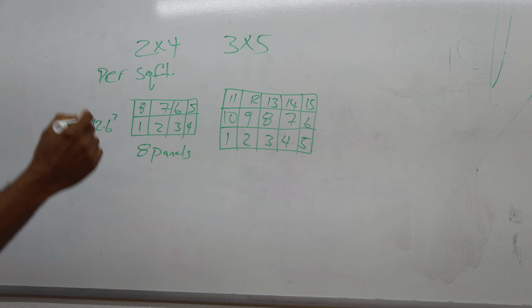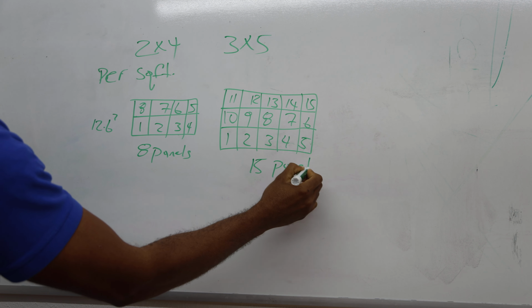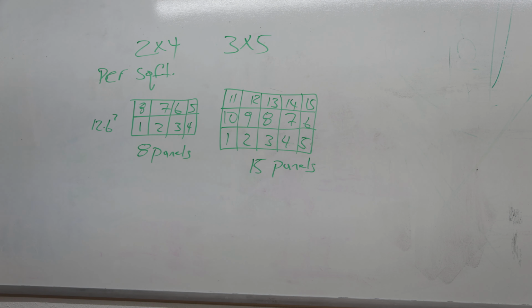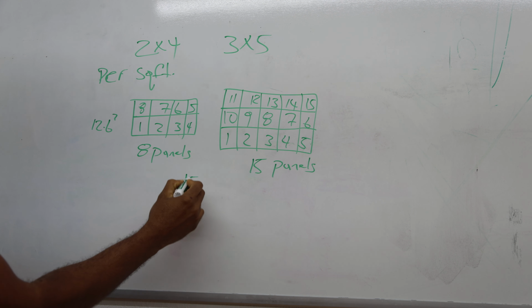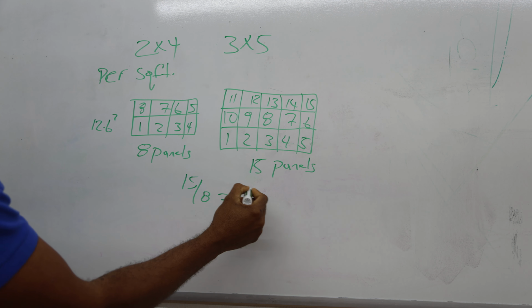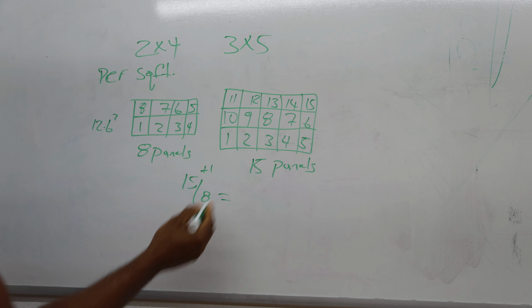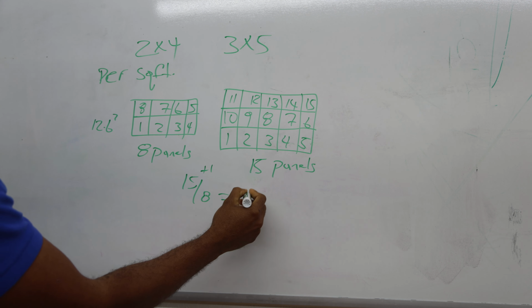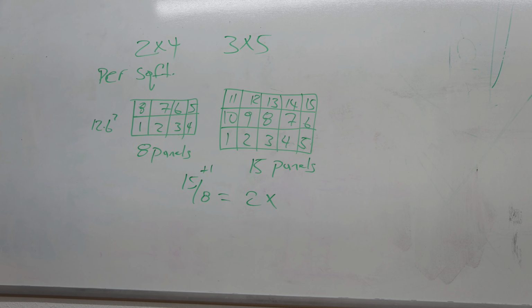So we basically use 15 panels to make this size. So when we look at the pricing, 15 over 8, that's almost 2, right? If we added one more panel, making it 16, we'd basically say that's 2x. So it's almost 2x as big.